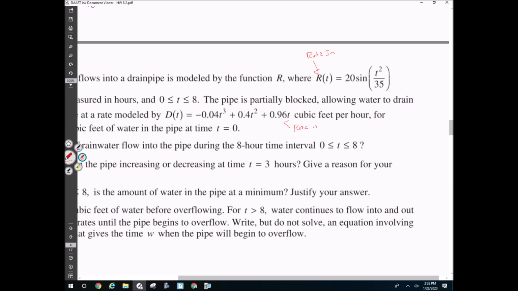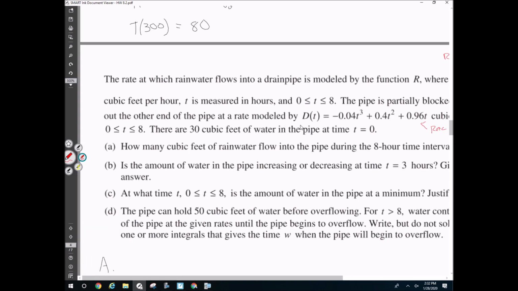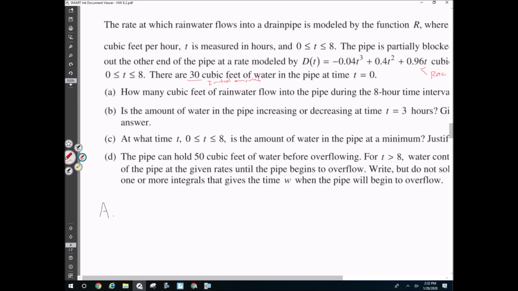That's my rate out. And my initial amount is 30. All important. I'm only asking for the amount of water that has come in. Well, that's going to be the integral from 0 to 8 of my rate in R of t dt.